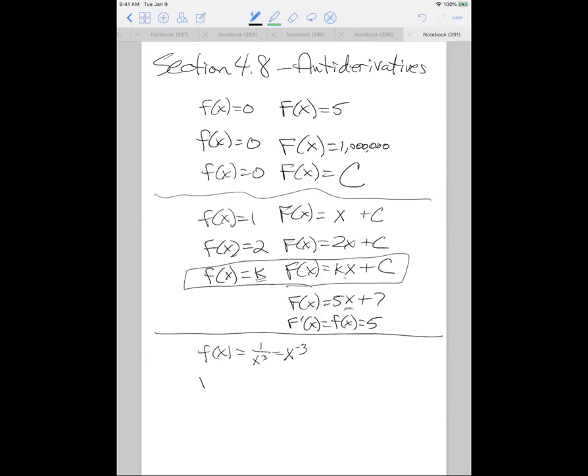So cap F of x is x to the negative 2 over negative, I had to add 1 to the -3, so plus 1, and that gives me negative 2 down there.